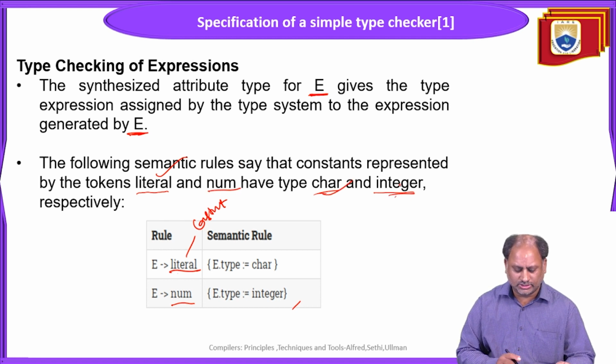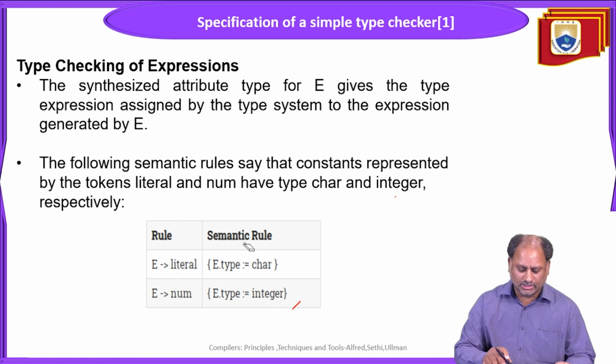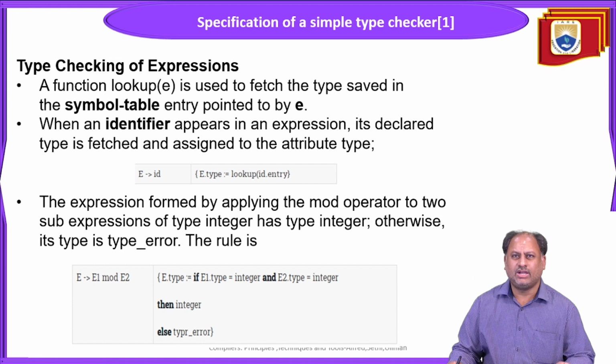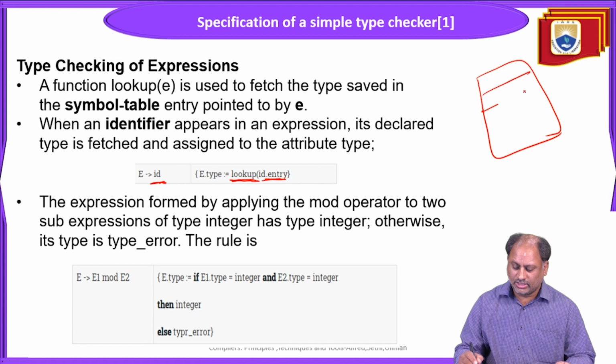So for the semantic rule defined as E.type, like this we can easily define it for some of the rules in the given grammar. Whereas for an expression such as an identifier, the type is obtained by using the lookup method, id.entry. In the symbol table there are various identifiers, identifier 1, identifier 2, with names like x, y, z.